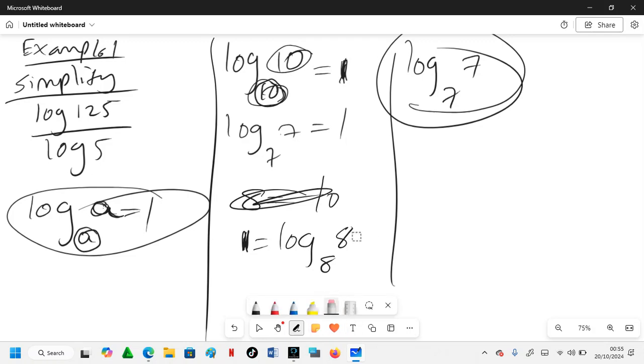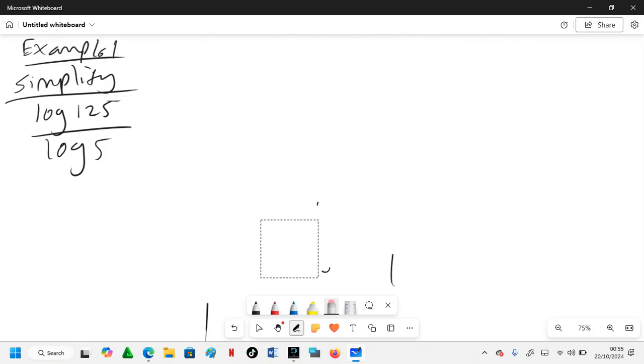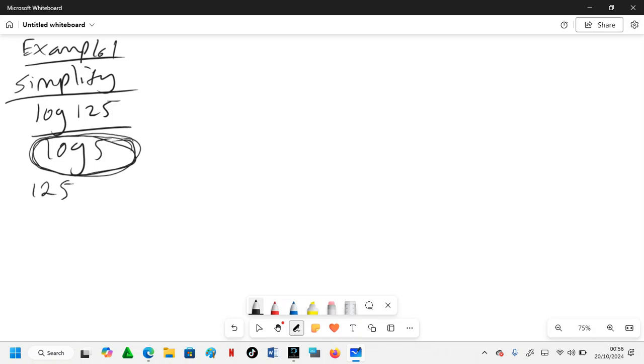As I've said, this is going to be our first example. Now, if I look at this, I can see that the denominator is log 5. So if I find a way of writing the numerator as log 5, then I can easily cancel the log 5s. Now 125 can be written as 5 to power something.